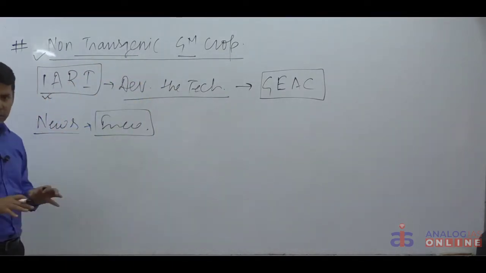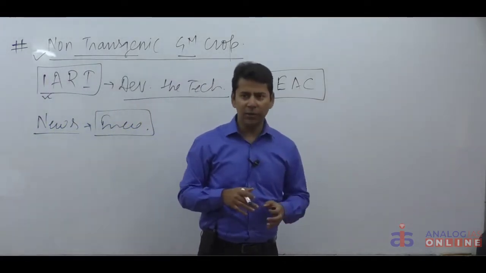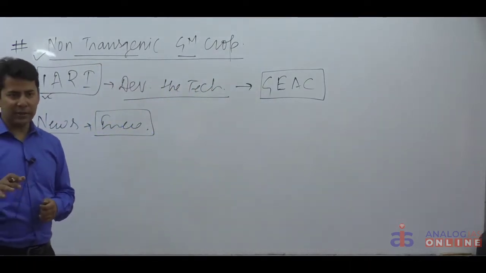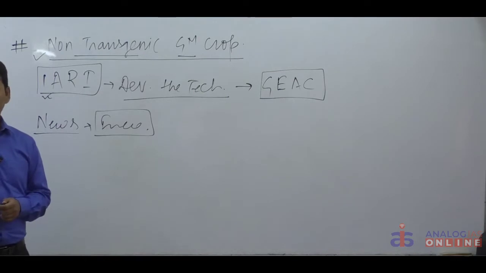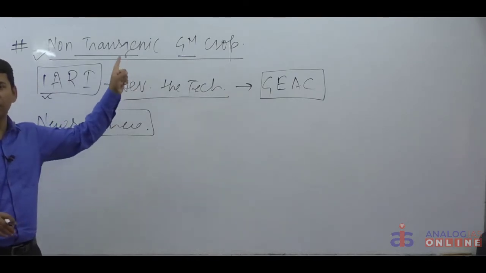So that was the news. But they won't ask that France was the country or how much metric ton rice has been exported. Chances are very bleak that they will ask the news factor of this. Rather, they will explore the entire non-transgenic GM crop.